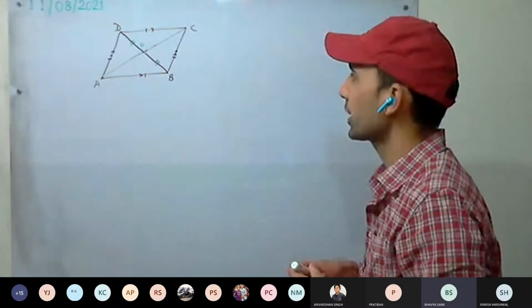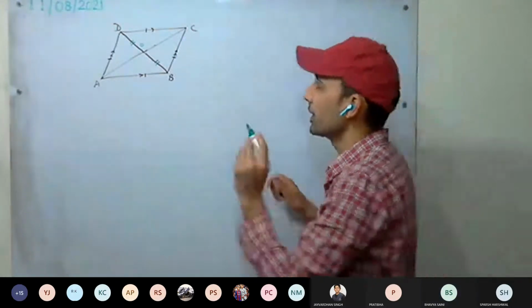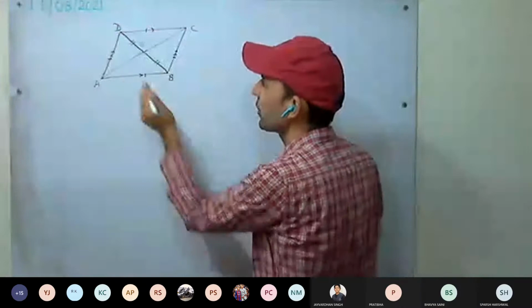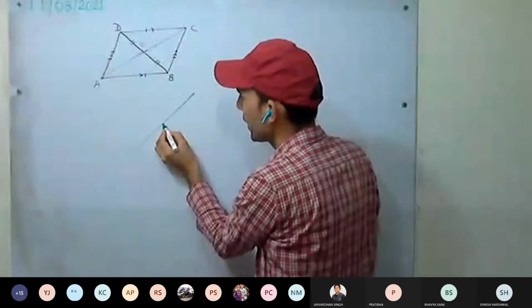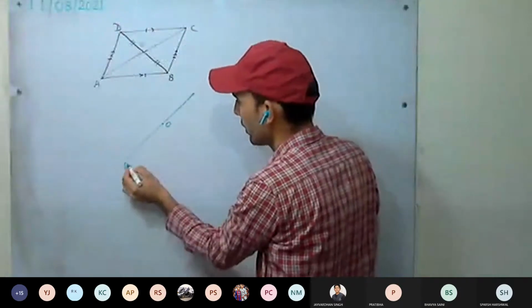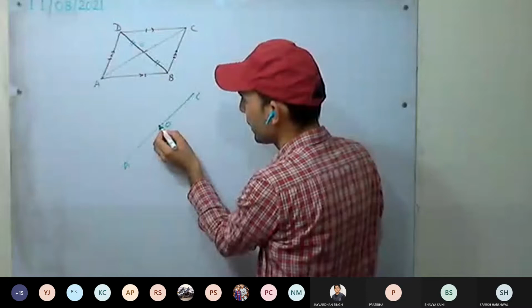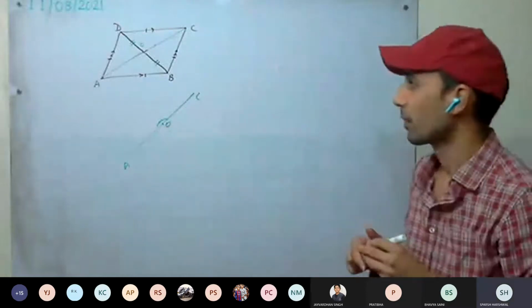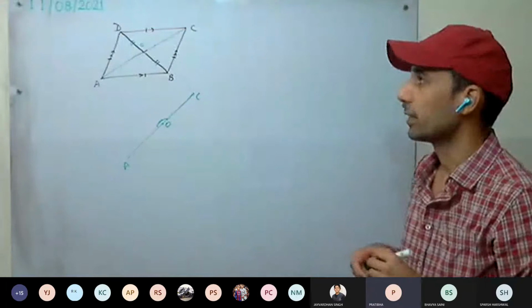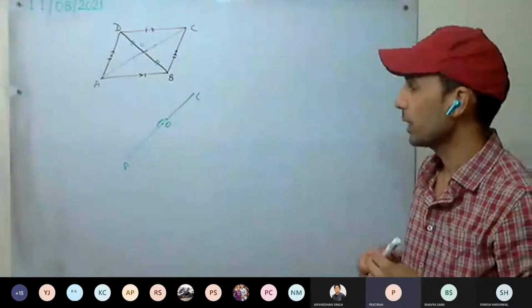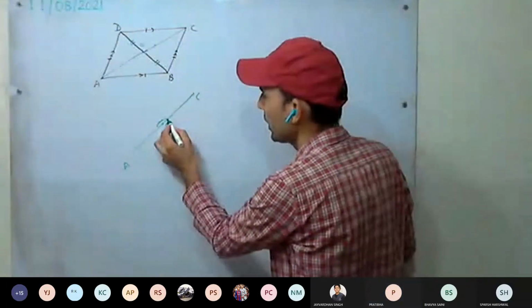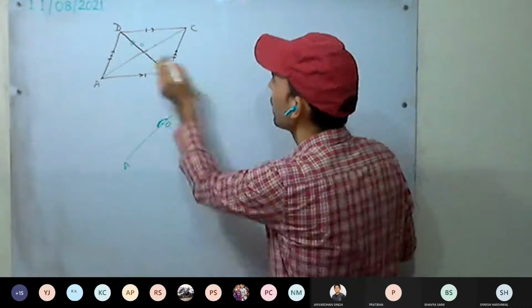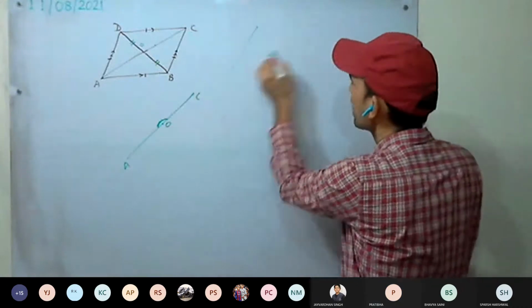Yes, we can take two triangles. But we have to prove that it's a straight line. It means what angle has to be here? 180 degrees. This angle has to be 180 degrees. Okay. For example, we have taken like this.